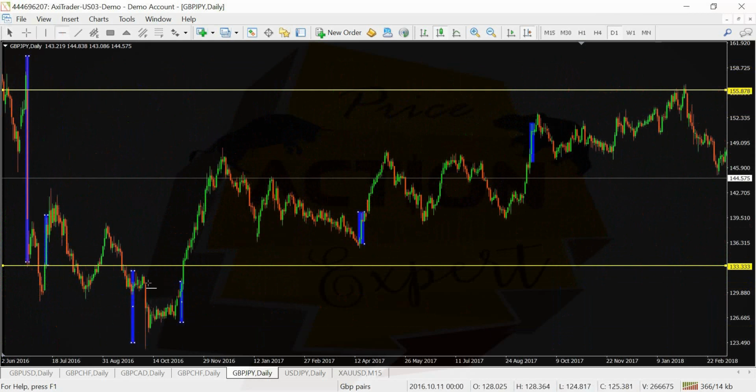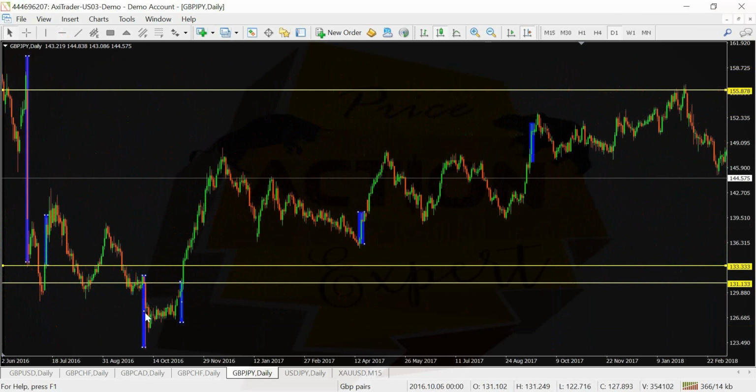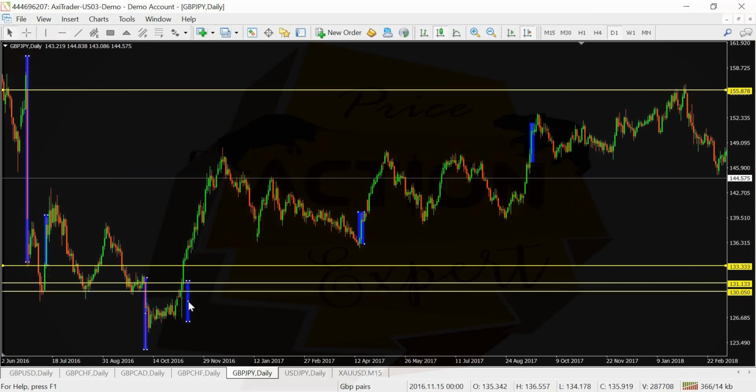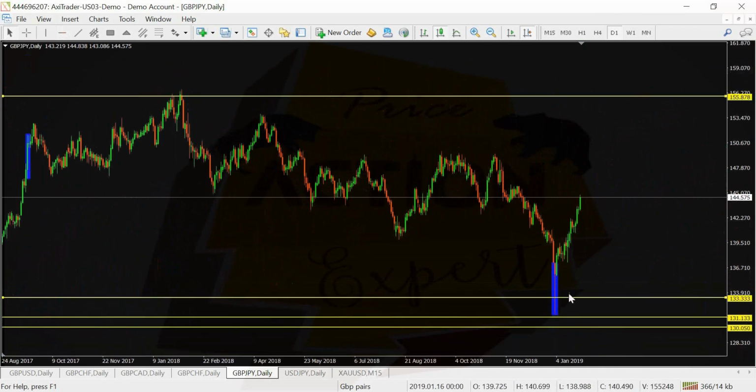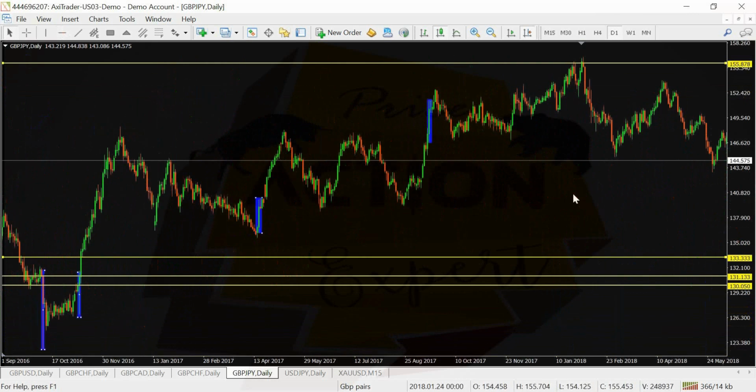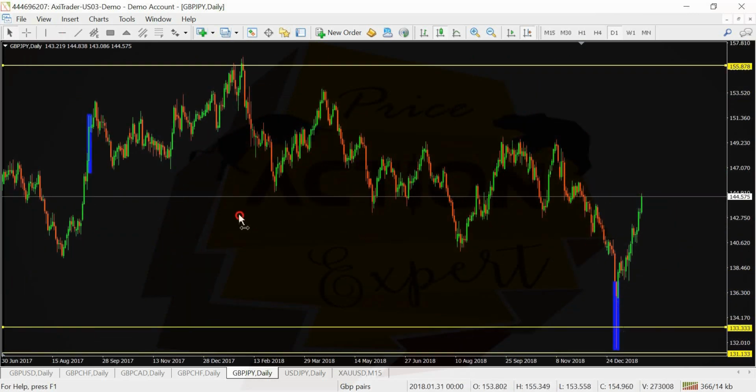This is the opening candle of the post Brexit crash day. Yes. Here, this is actually the opening price of the election result day. Let's see. The price went up in that area exactly.